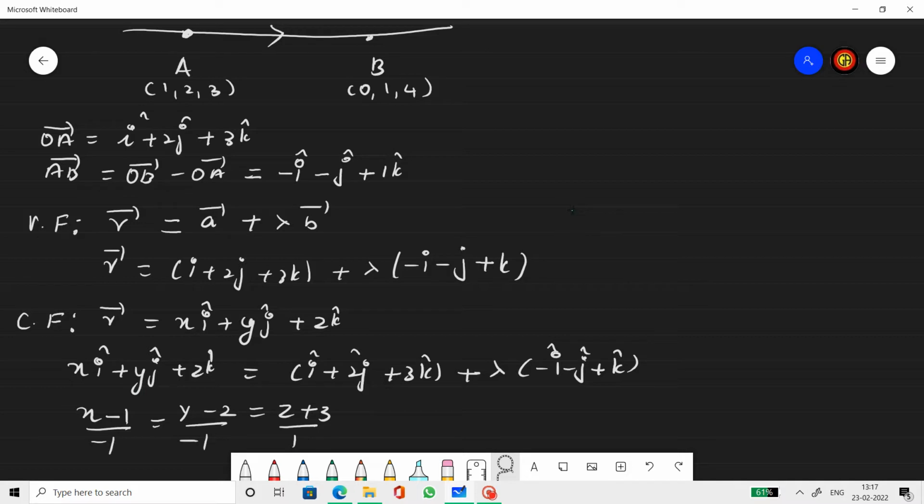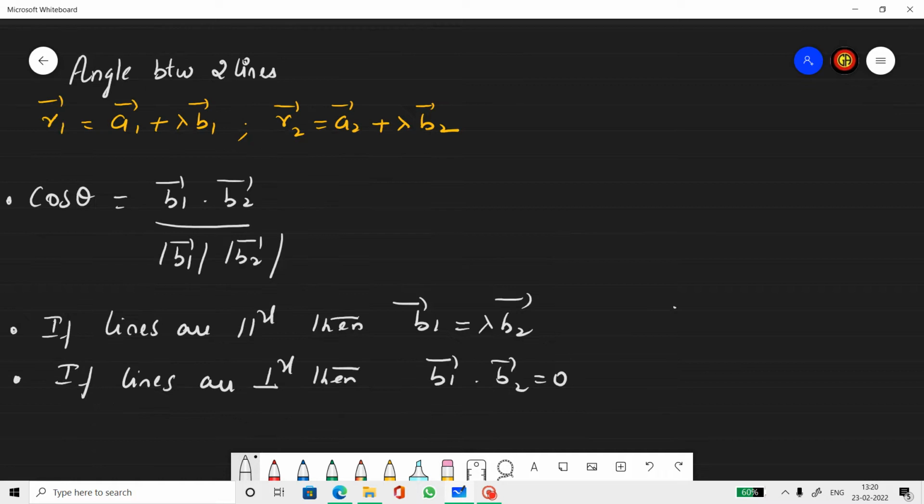Again y equals 2 plus minus lambda, and therefore y minus 2 by minus 1 equals lambda. Then comparing k, z equals 3 plus lambda. So z minus 3, oh yeah, z minus 3 here, not plus 3. So z minus 3 by 1. So this is how we get the Cartesian equation straight away.